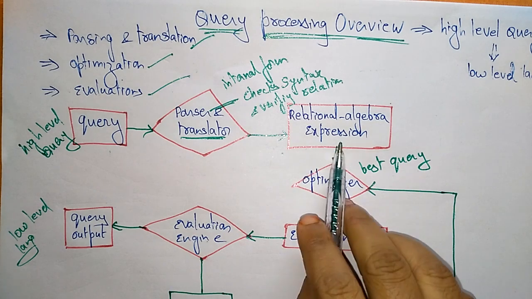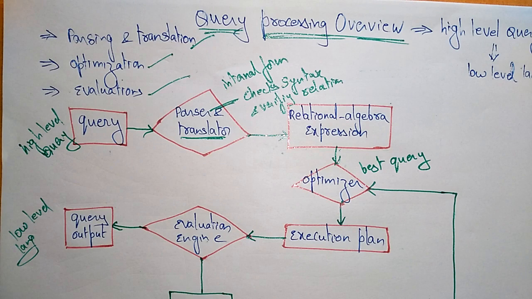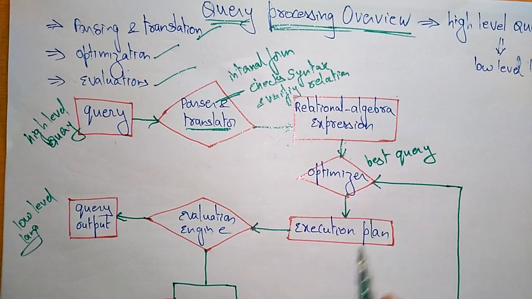That is related to the relational algebraic expression, which can be expressed in different ways. Among the different queries, this optimizer will select the best query, and that will be placed in the execution plan.